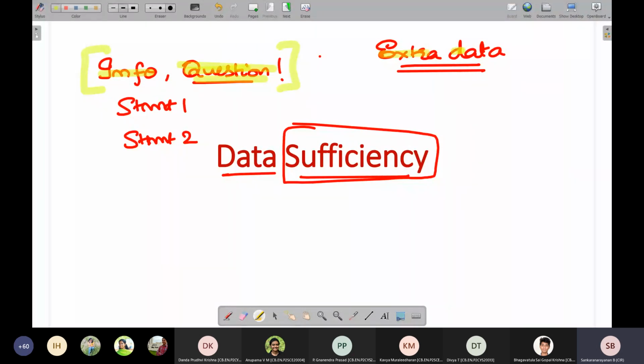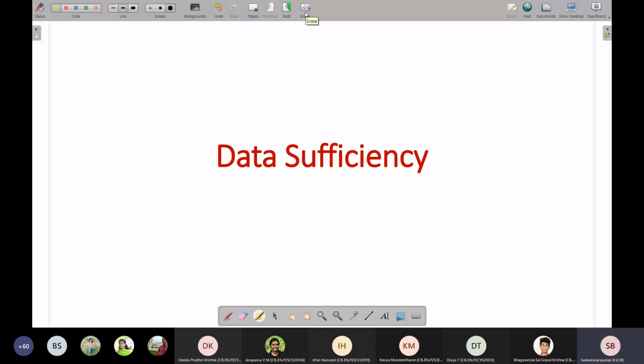That extra data will be provided in the form of two statements. Your job is to check whether that extra data is sufficient enough to answer the question or not. So data sufficiency is the sufficiency of this extra data to answer the question. That's all. Now, by explaining 1, 2, 3 questions, you will get a complete grip over this topic.